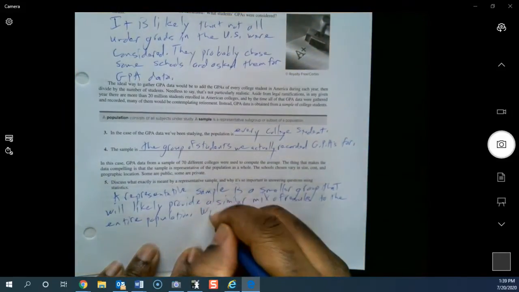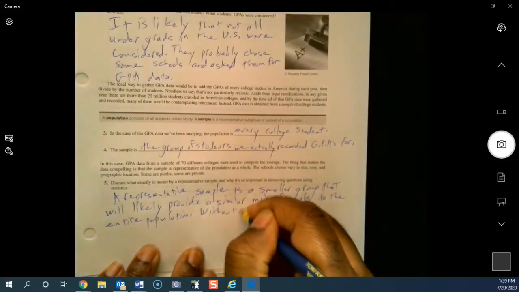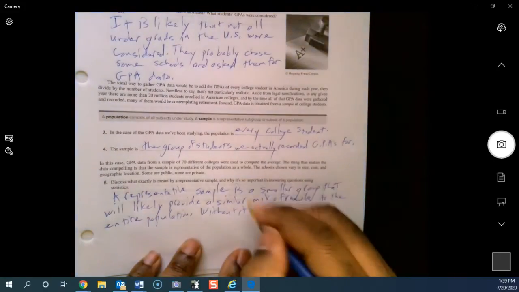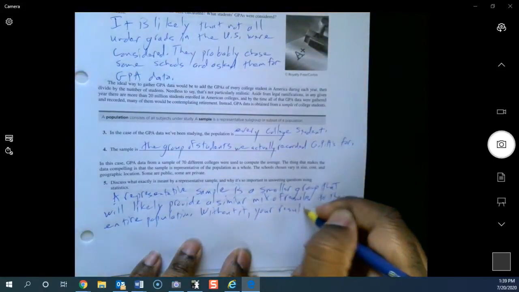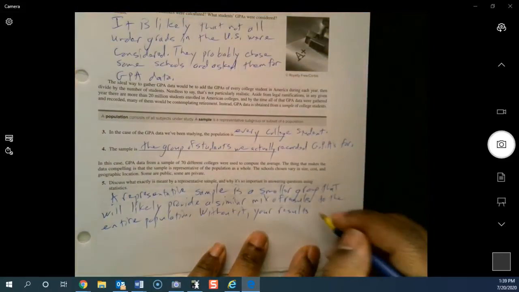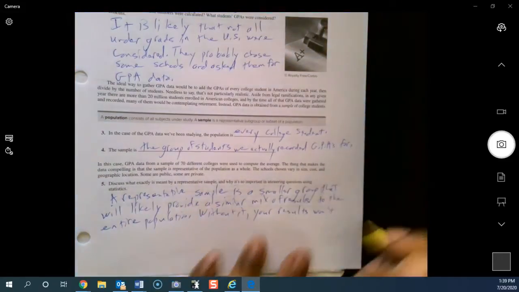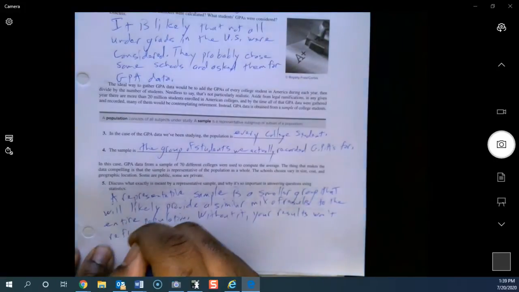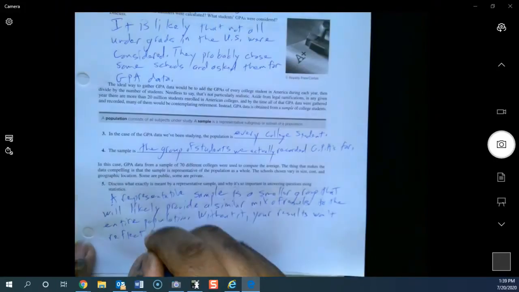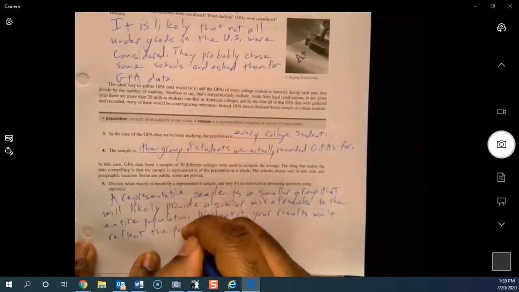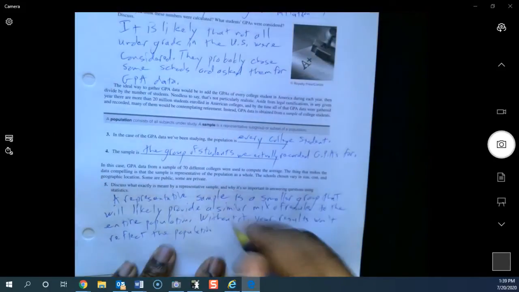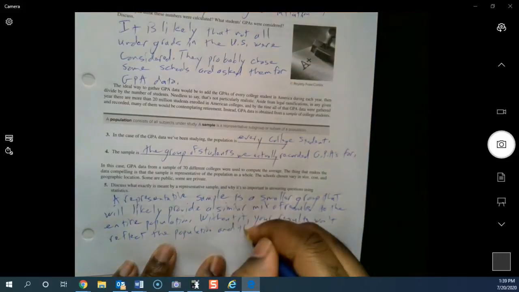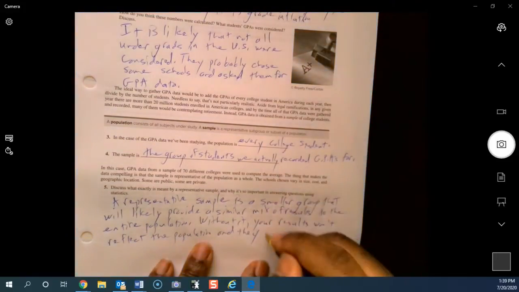Without it, your results won't reflect the population and they will be worthless.